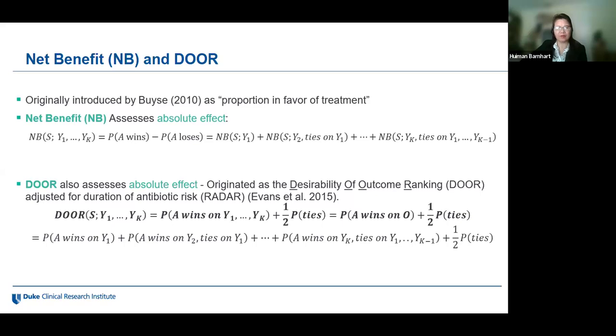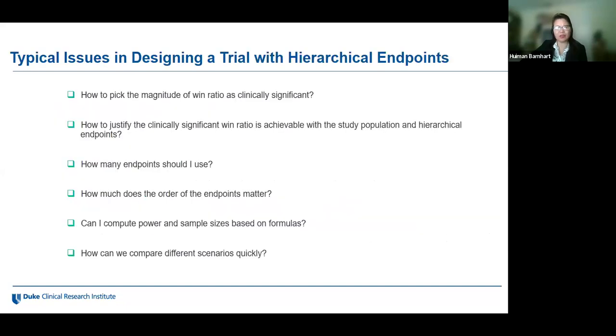The null hypothesis for net benefit is testing that it equals 0. For the DOR, it's testing that it equals half. All the null hypotheses are really equivalent, but they have different interpretations, and some people prefer one over the other.